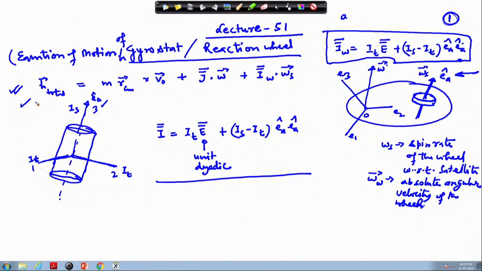Before we do this, we want to simplify this particular term. This term we can write as I t times E double bar.